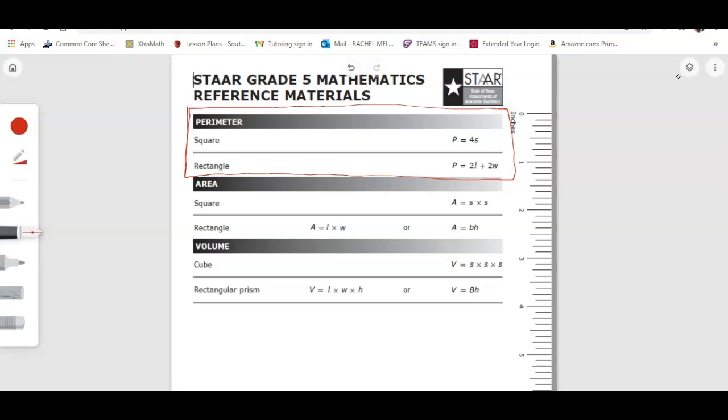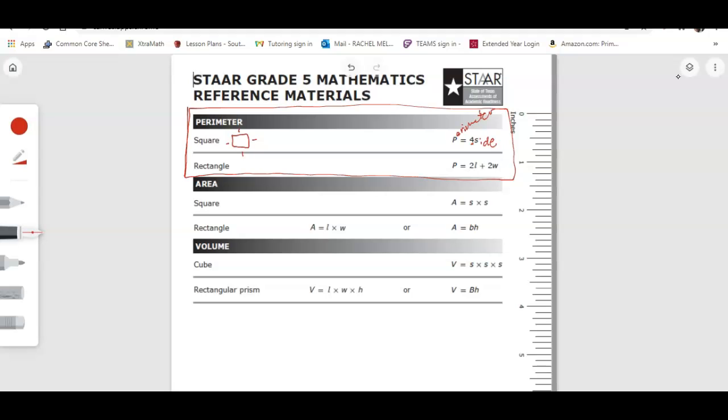Okay, if I have a square, we know from last week's lessons that a square is a very specific shape, and it means that all four sides are the same length. Over here, P stands for perimeter, S stands for side. The 4 is because every one of these sides are all equal because it's a square.